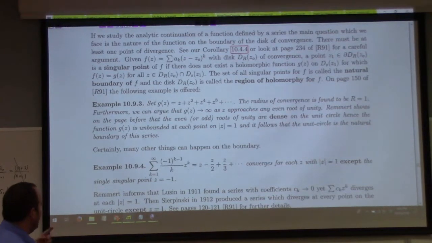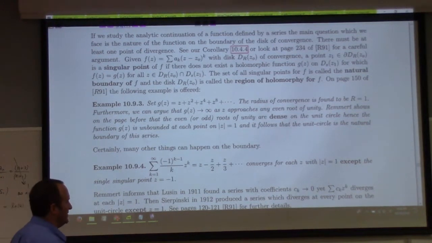And then this one, Lusin, in 1911, found a series with coefficients which go to 0, all right, and yet it still diverges at each point on the unit circle. So like this example was pretty lazy. It has all of the coefficients not going to 0. I mean, it's clear that that diverges because of the nth term test.